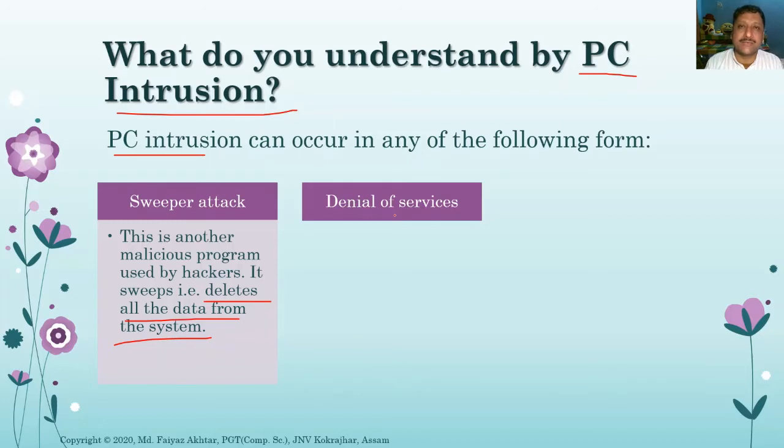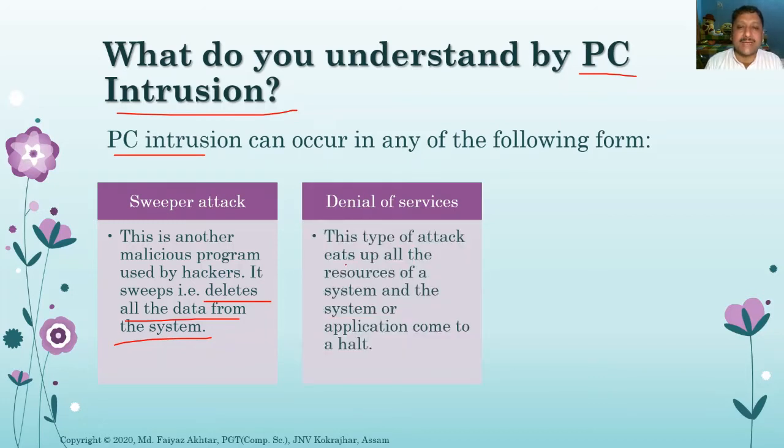Denial of services means this type of attack eats up all the resources of a system, and the system or application comes to a halt. It will utilize your memory, your processor speed, processor time, and then the computer hangs and you won't be able to work anymore. This is known as denial of services.